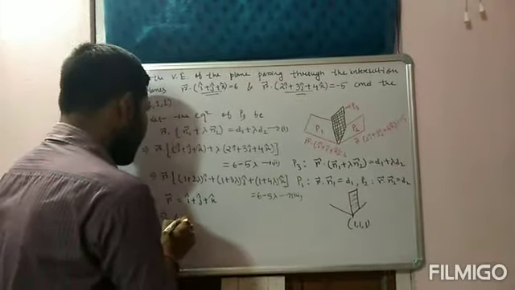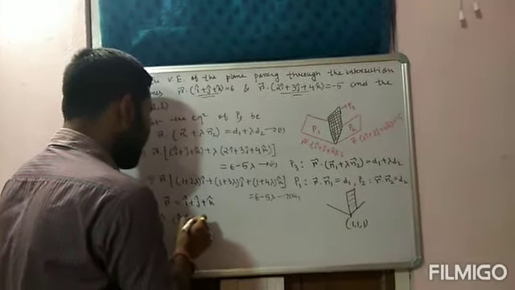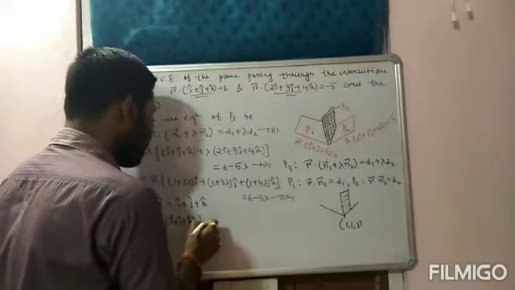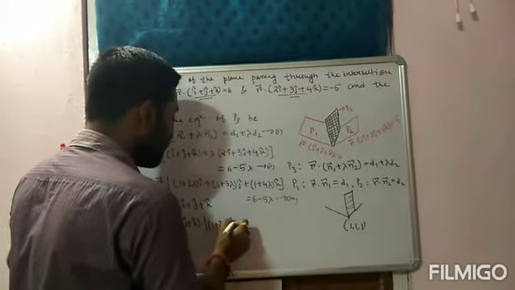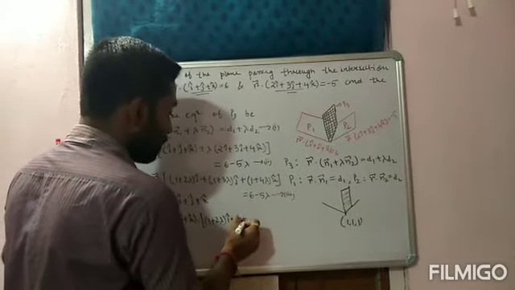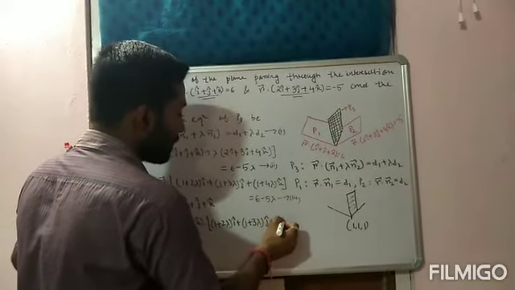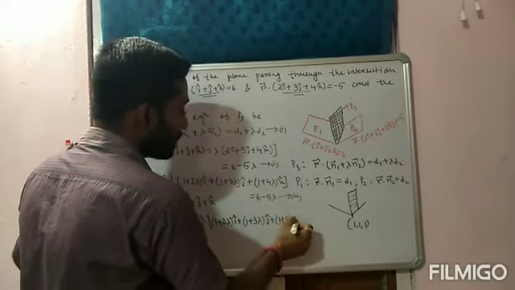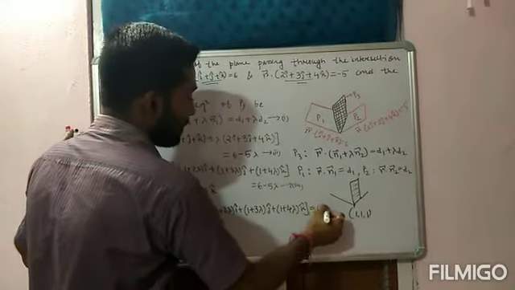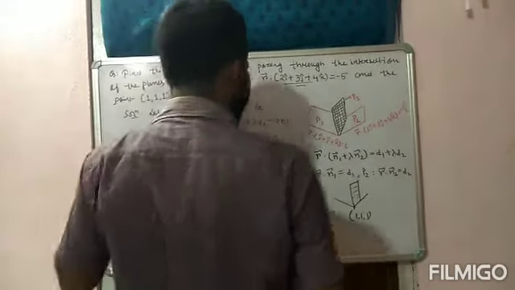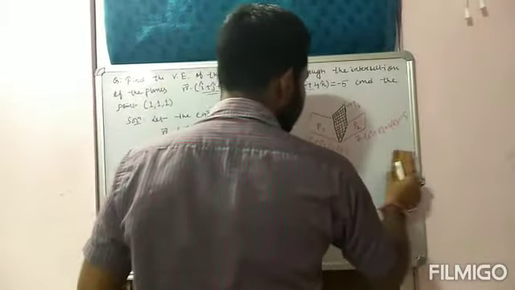So that's why to find the value of lambda, we have to put the value of r bar in the third equation. So third equation implies (i cap plus j cap plus k cap) dot (1 plus 2 lambda) i cap plus (1 plus 3 lambda) j cap plus (1 plus 4 lambda) k cap, which is equal to 6 minus 5 lambda.